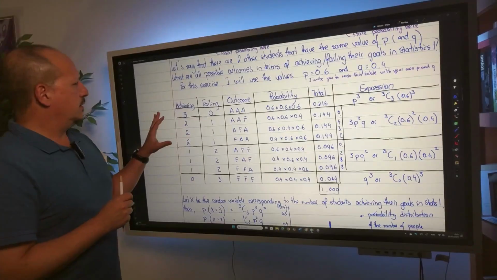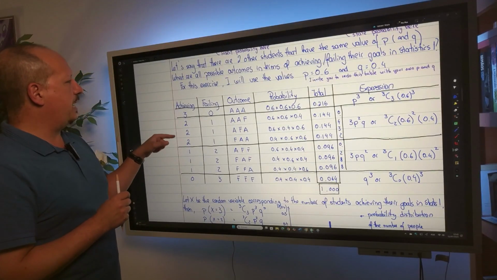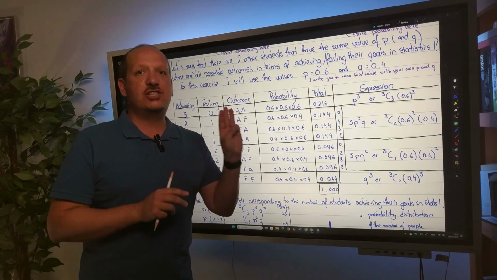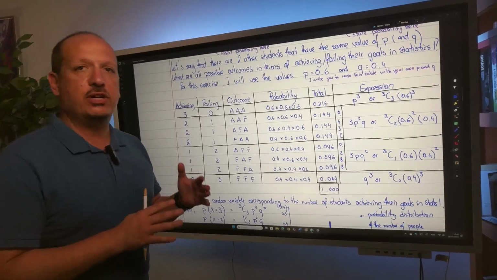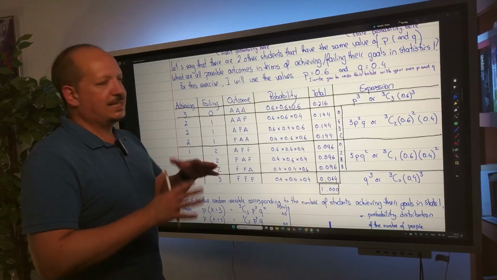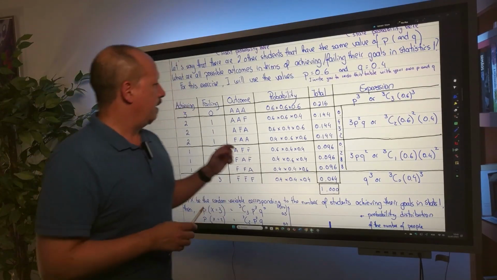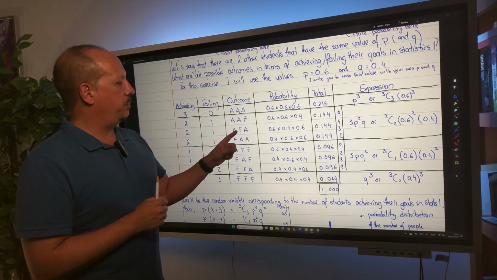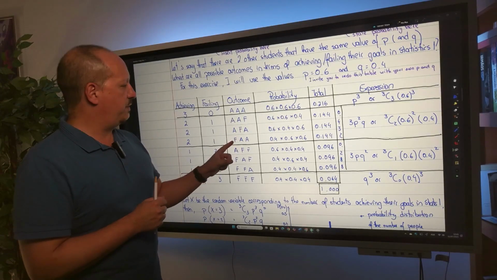Now, the situation in which 2 of them achieve the goal and 1 of them fails has 3 different possible arrangements. Let's say that you have students A, B, and C. A and B achieve and C fails. A achieves, B fails, and C achieves.